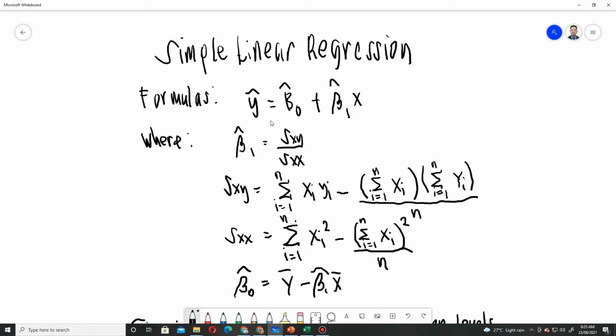where we can get the formulas here at the bottom.